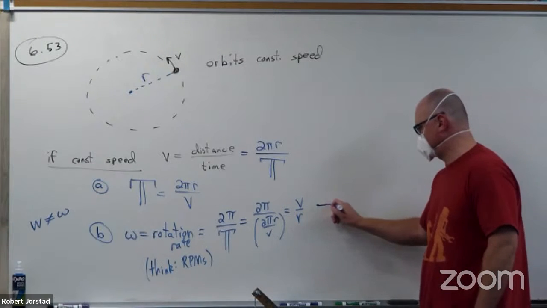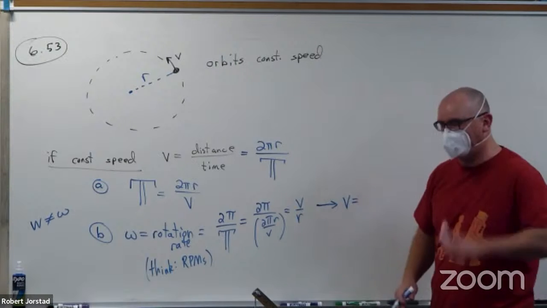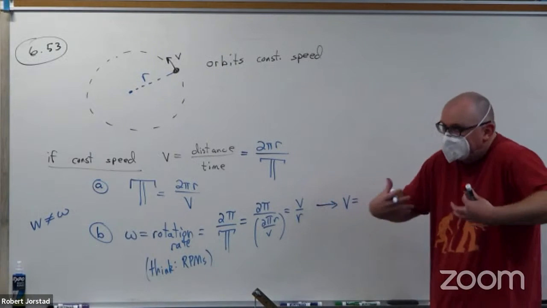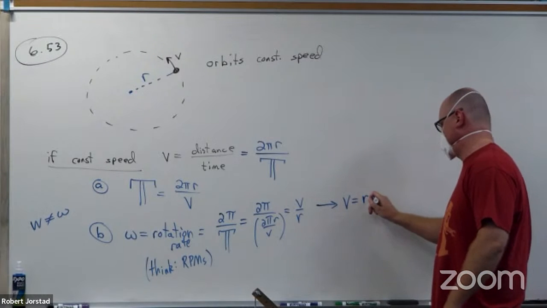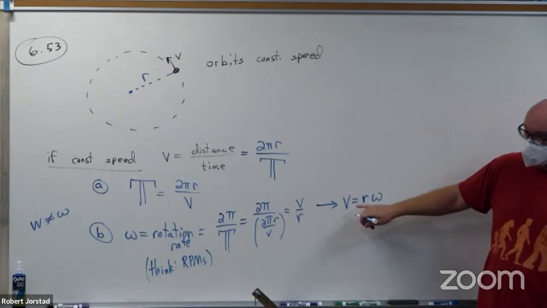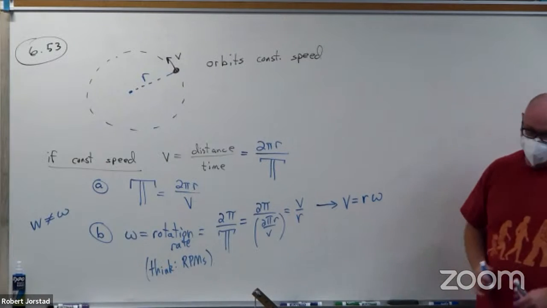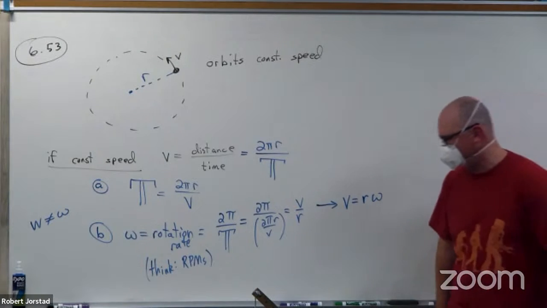If I rearrange this, v equals r omega. It's not your omega, it's our omega. It's so bad, I know, but that's how it works. This equation we use a lot later on.